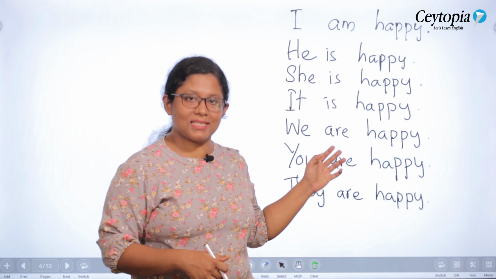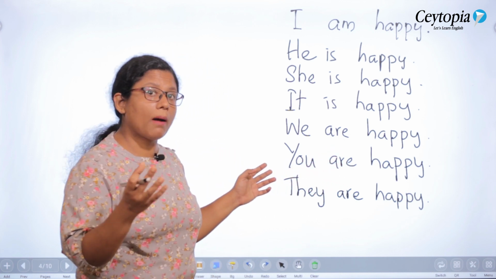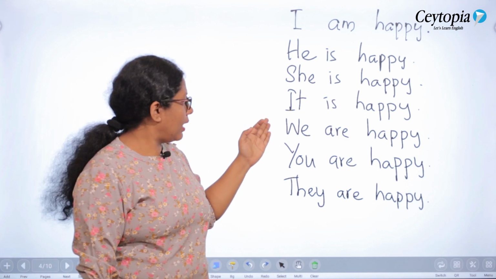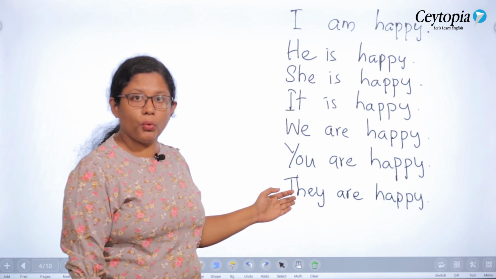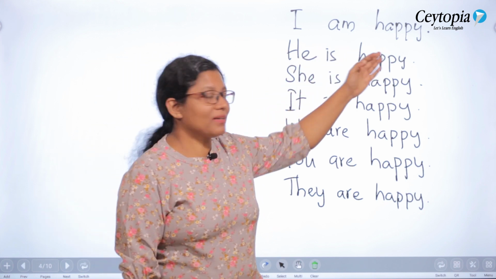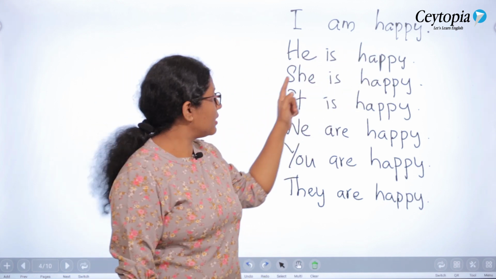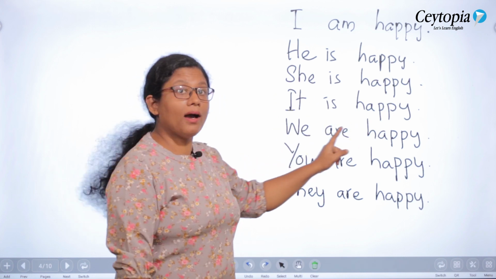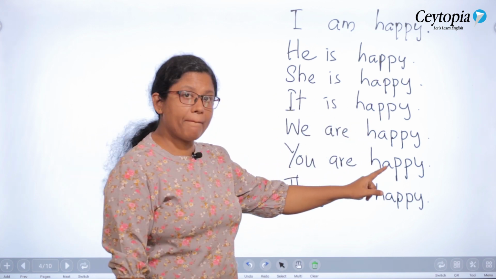Now you can see how we have used these verbs in sentences according to the number. First few are in singular and the next are in plural. I am happy. He is happy. She is happy. It is happy. We are happy. You are happy.